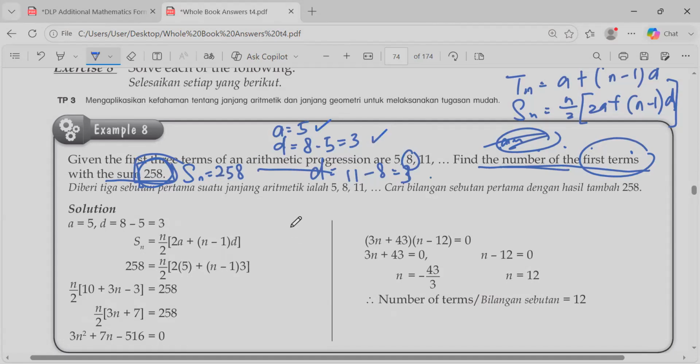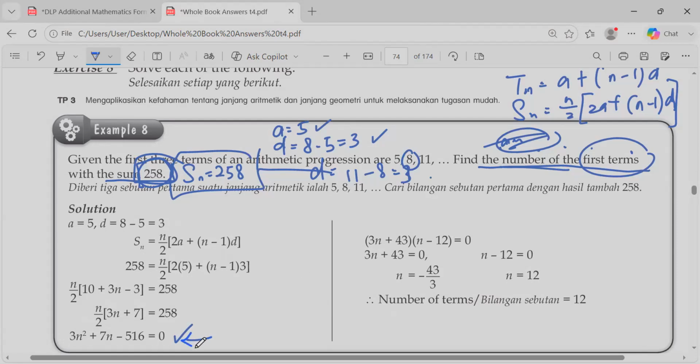So I have 3 pieces of information. After that, we just use the formula, substitute A inside, substitute D inside, equal to 258. And then you try to solve, and you will get a quadratic equation. And then you factorize it.